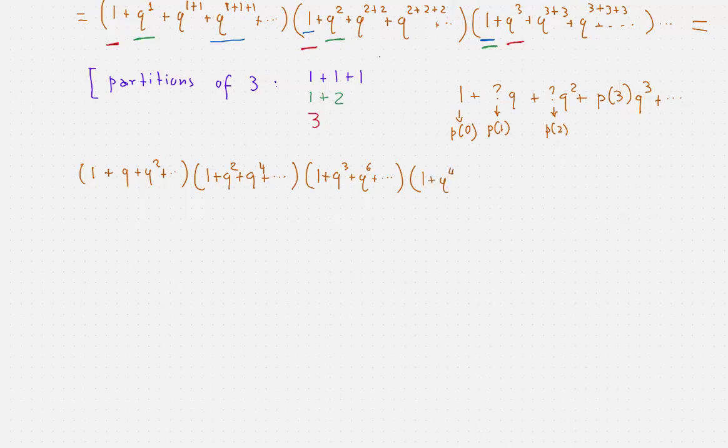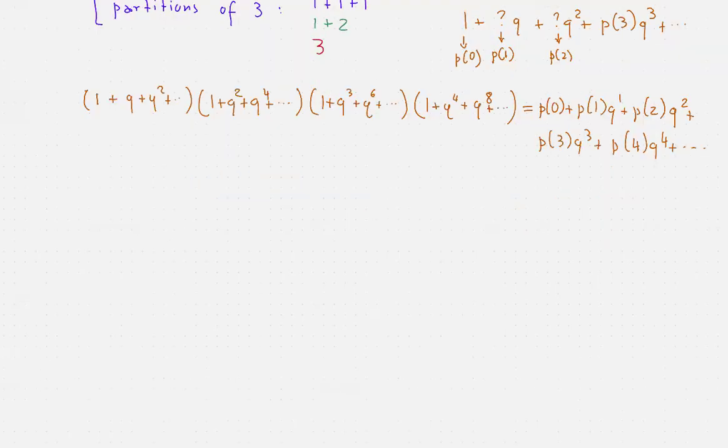So Euler realized that this is p of 0 plus p of 1 times q to the first plus p of 2, meaning the number of partitions of 2, times q squared, plus the number of partitions of 3 times q to the third, plus the number of partitions of 4 times q to the fourth, and so on. And from the geometric formula, I mean, after all, this is a geometric series with ratio q.